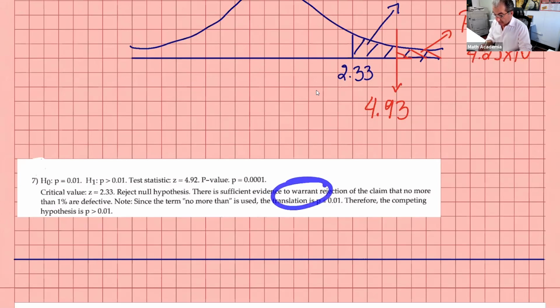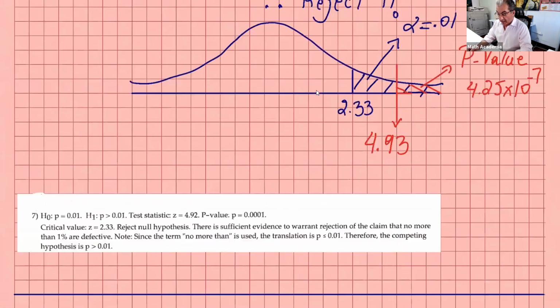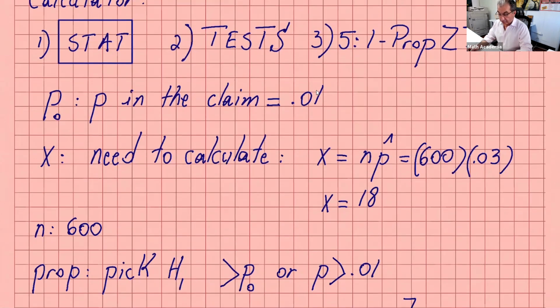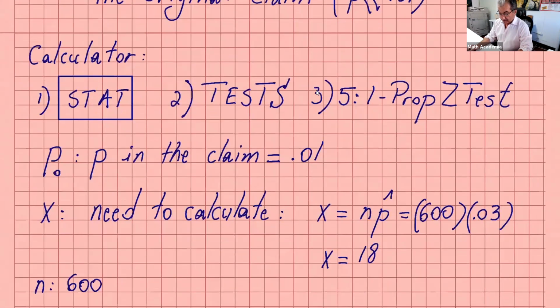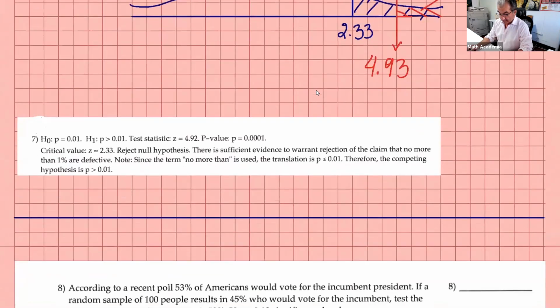But the way I do it, I say we don't have enough evidence to support it. So they exactly mean the same thing. The solution says we warrant the rejection. The way I say it, I say not enough evidence to support it. So please read both conclusions carefully and you'll see they mean the same thing.